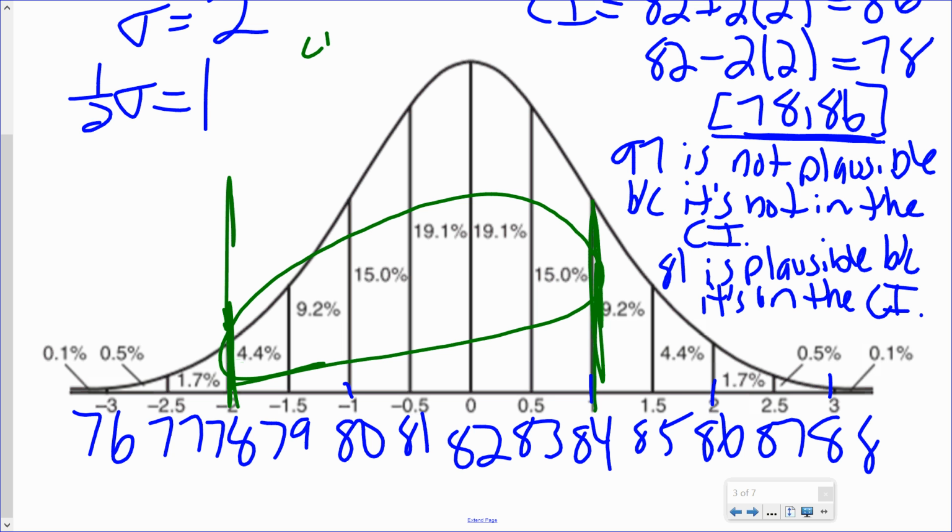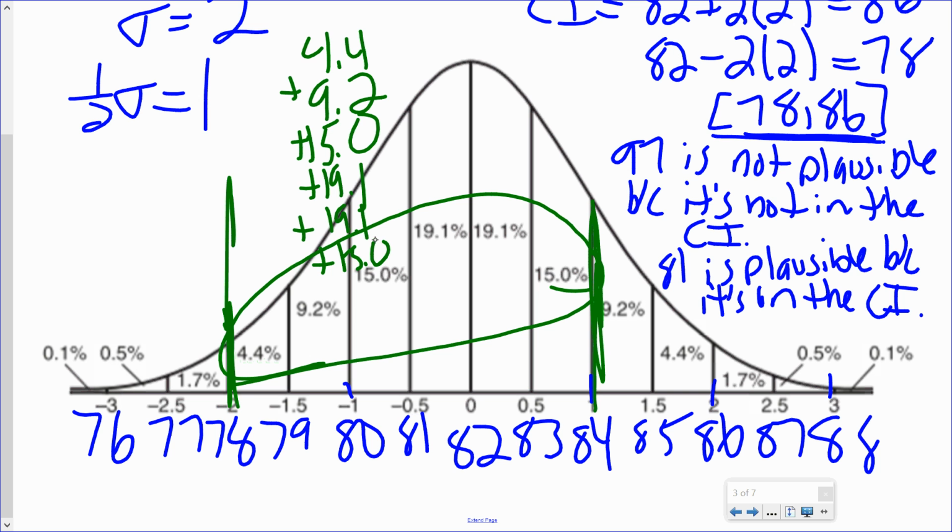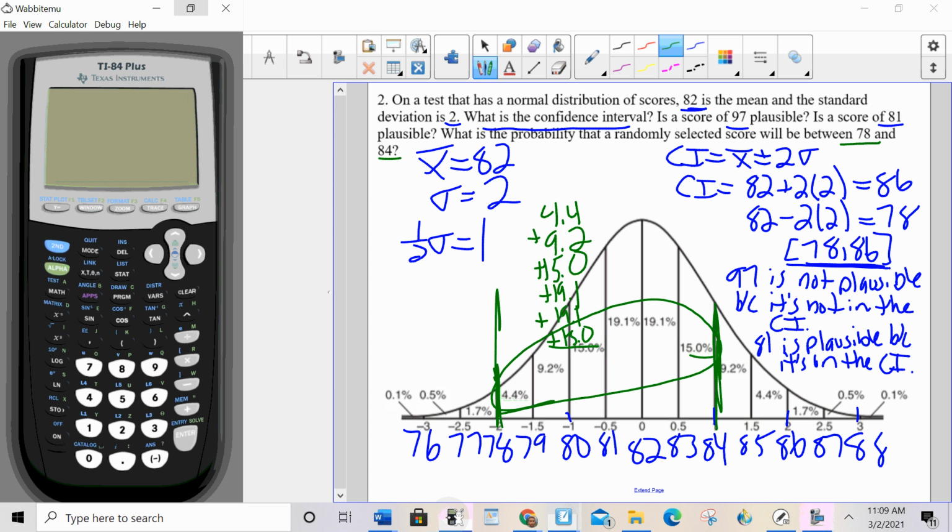So it's going to be 4.4 plus 9.2 plus 15.0 plus 19.1 plus 19.1 plus 15.0.